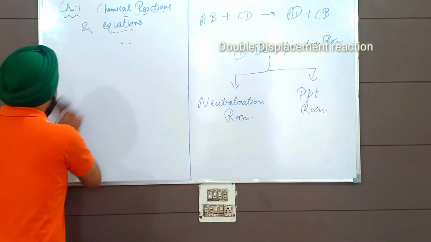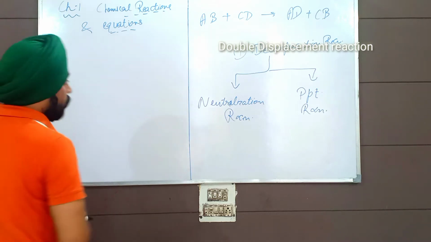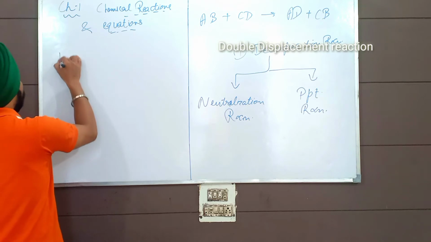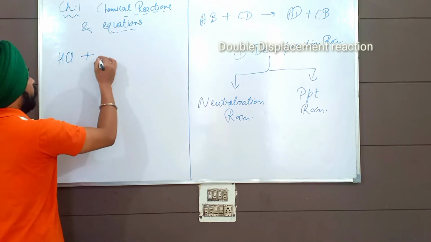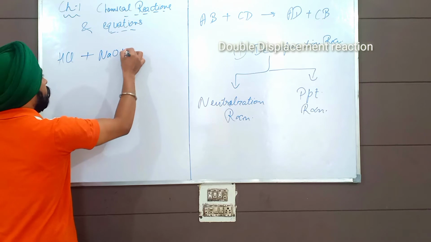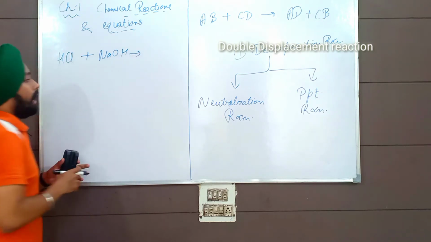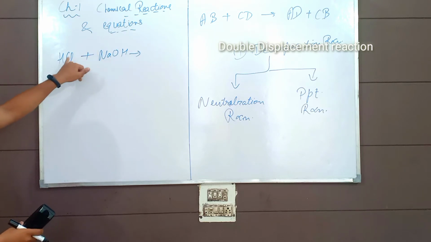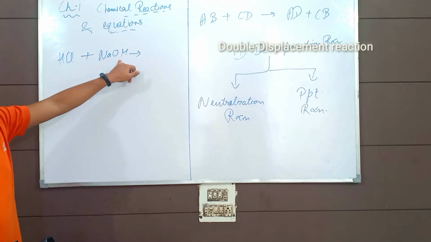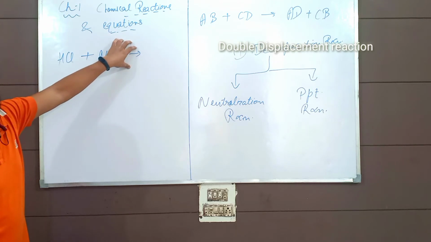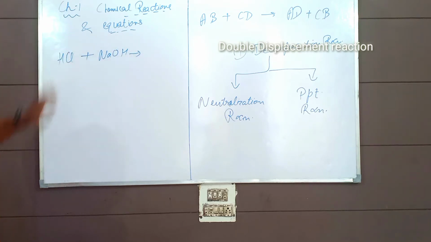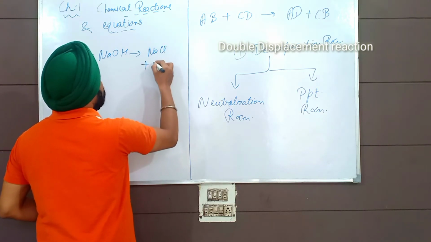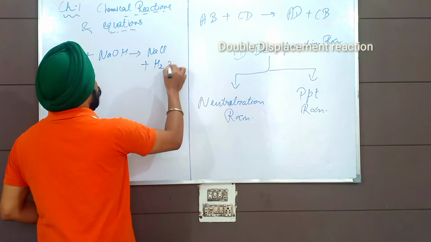Very first, under neutralization, any acid and base we can react. For example, HCl reacts with NaOH. Now, switch the ions. That means Cl will displace the OH and OH will displace Cl. तो क्या बन जाएगा मेरे पास NaCl plus H2O.